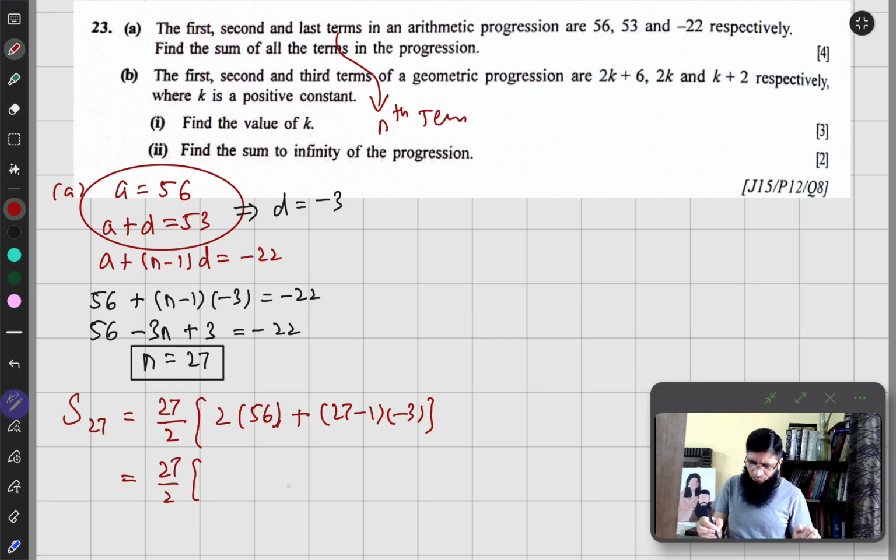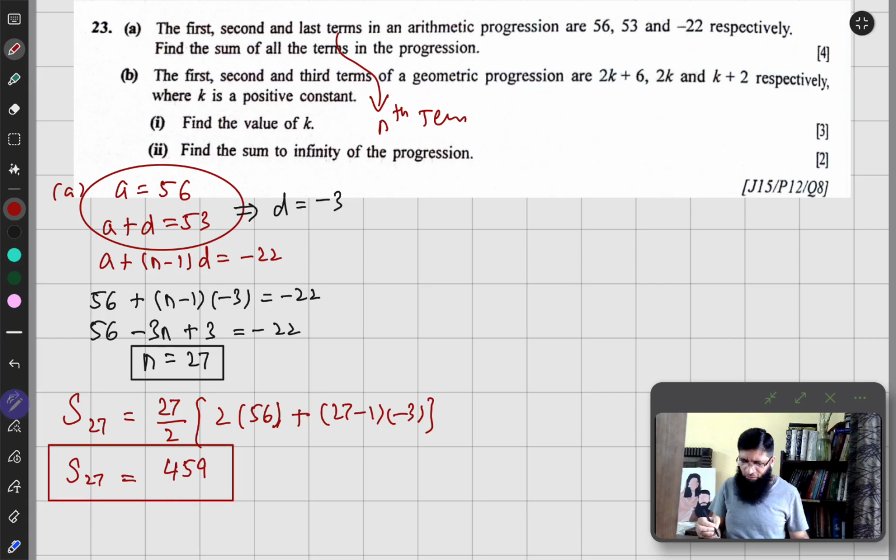If you simplify this, let me use my calculator, that will give you 459. So this is basically the sum of all the terms in this sequence.